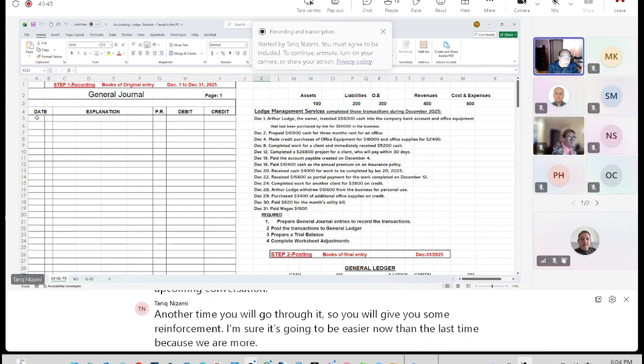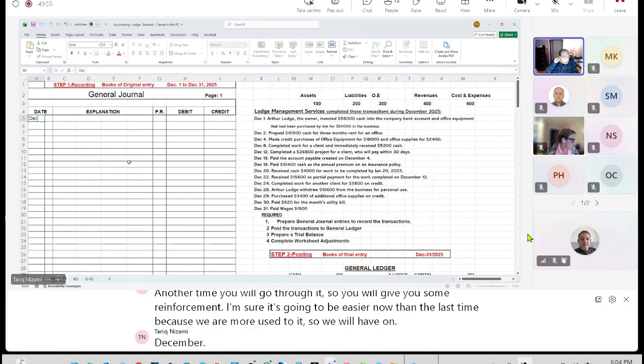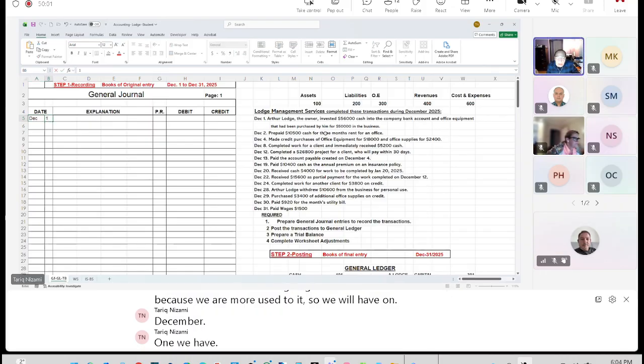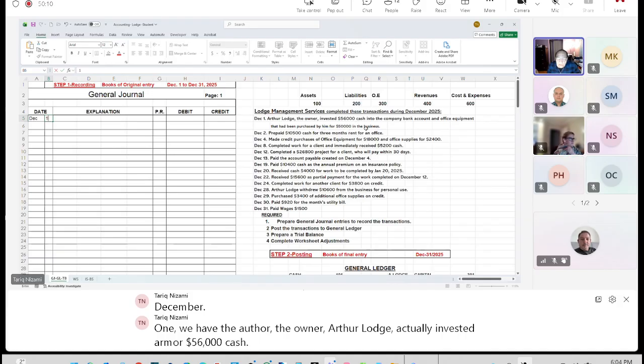We are more used to it. So we will have on December 1, the owner, Arthur Lodge, invested how much? $56,000 cash and $50,000 office equipment.